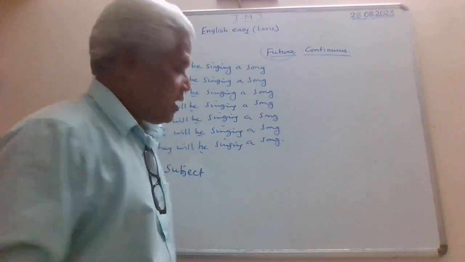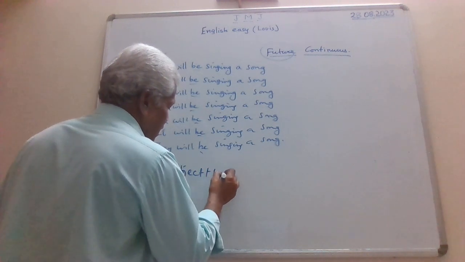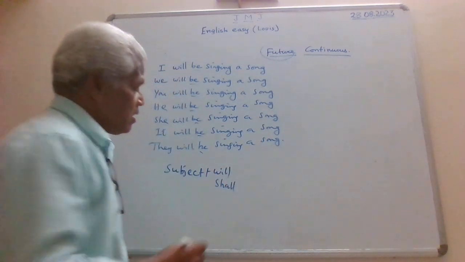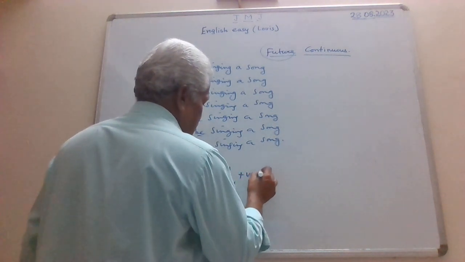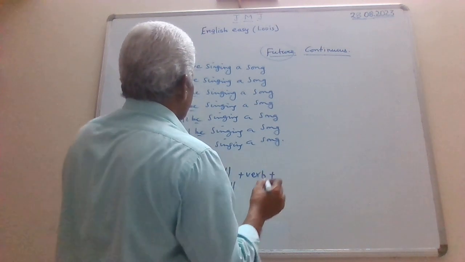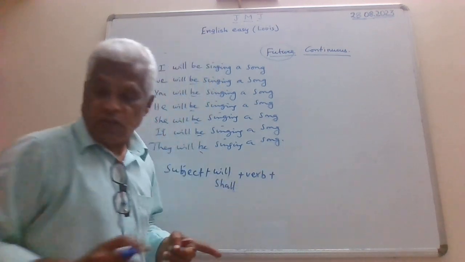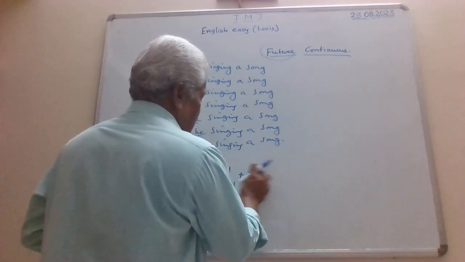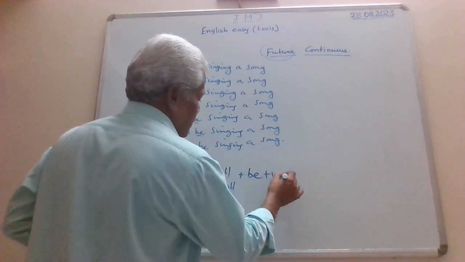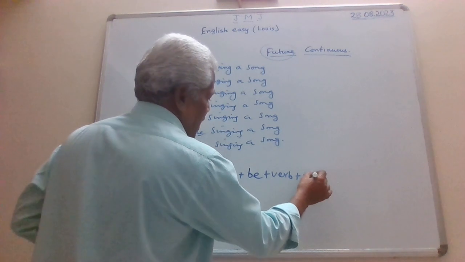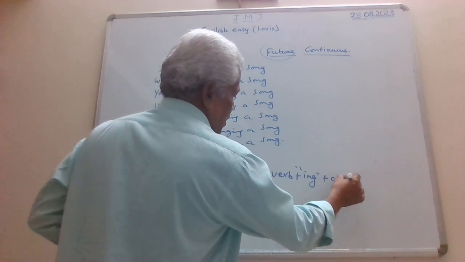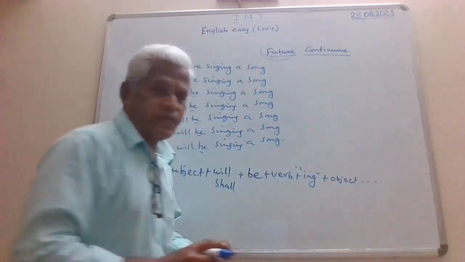So therefore, future continuous tenses will have the formula like this: subject, and then you have the will or shall, will or shall plus be, and what is that? After writing will, you have be, then you have the verb, then you have the ing plus object and the rest.